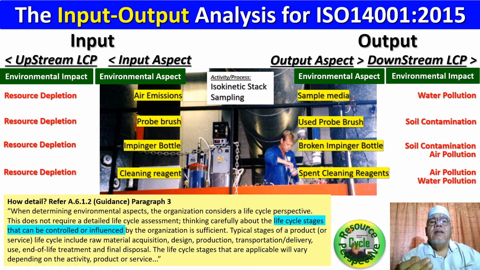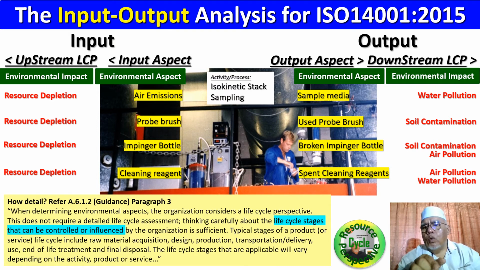Environmental aspects are involved or being released from our processes or our activities in three situations: normal, abnormal, and emergency. Now, isokinetic stack sampling is a planned activity for this company.